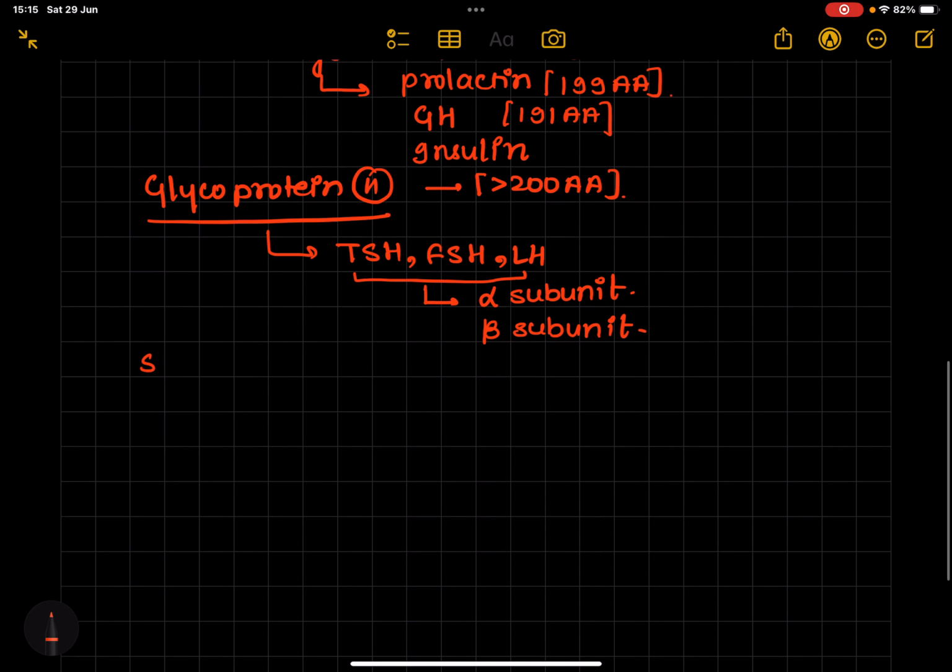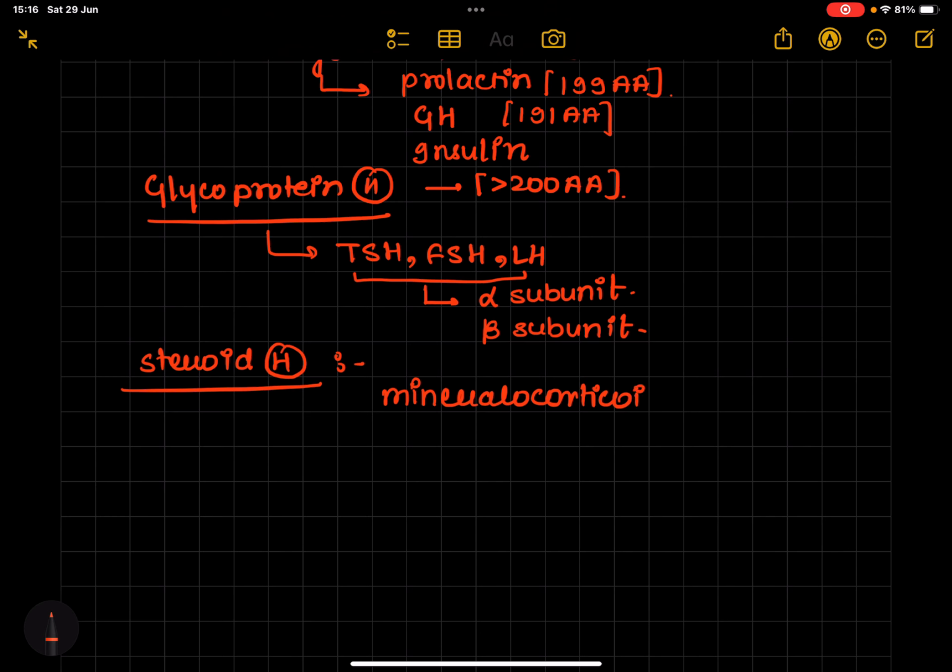Now the next part of classification is steroid hormones. So we know that adrenal cortex produces steroid hormones. So all the adrenal cortical hormones like mineralocorticoid, aldosterone, glucocorticoid, cortisol, and sex steroids.